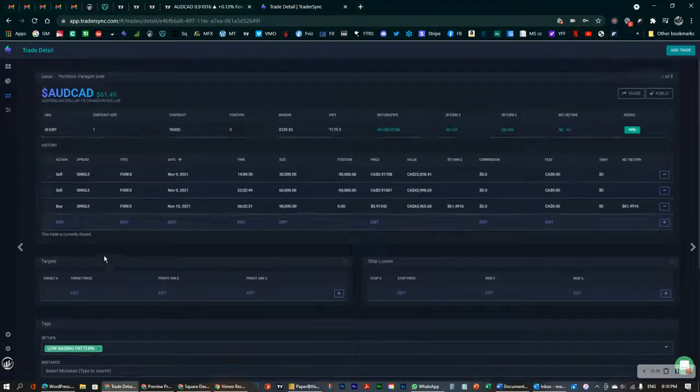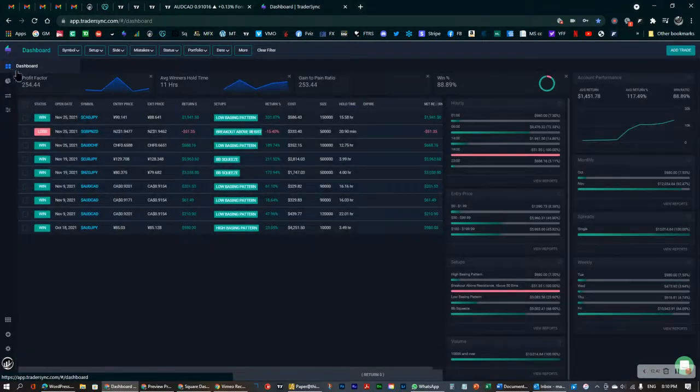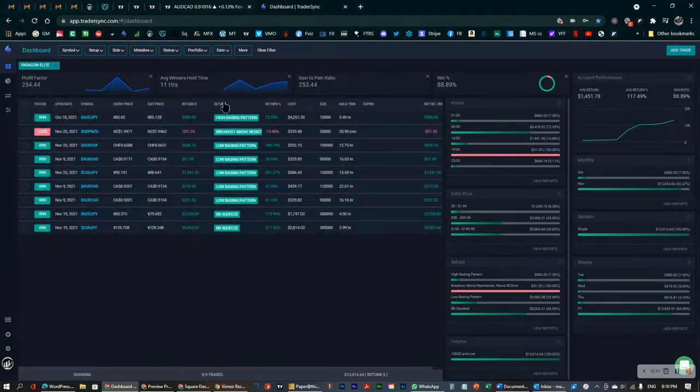Okay. So go back to our dashboard. And there it is. So the cool thing about this, you can sort by setup. So I've got one high basing in here, one breakout above resistance, a couple Bollinger Band squeeze trades in here, low basing patterns.